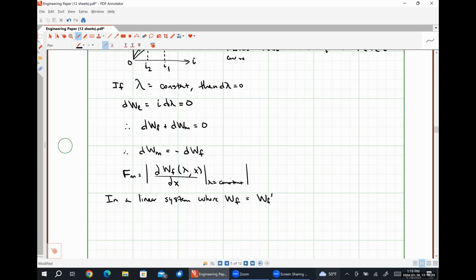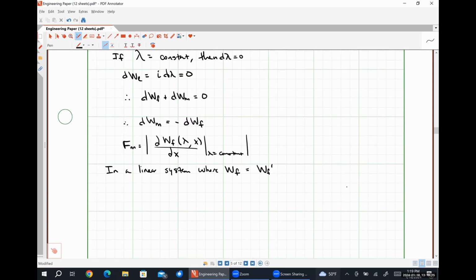So if we go back to our relay system, what we'll find is that our mechanical force, Fm, is the derivative of either our field energy or our co-energy. Since we already have an expression for our field energy, let's use that. So what's the thing that's changing in our system? The gap length. So the gap length Lg is just taking the role of x, our displacement, in our generic equation.